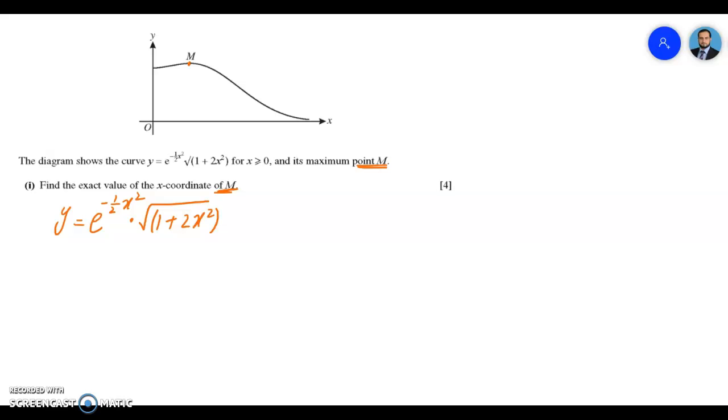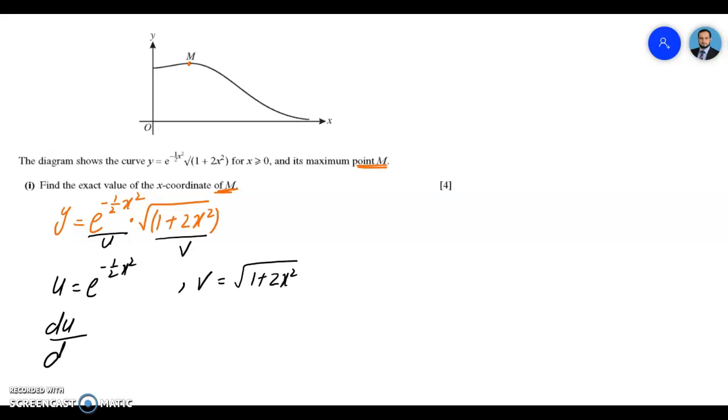We can assume one of them as u and the other as v. So u is equal to e to the power negative half x squared and v is equal to the square root of 1 plus 2x squared. Now, differentiating, du by dx: the exponential stays as it is, and then we make the derivative of the power.